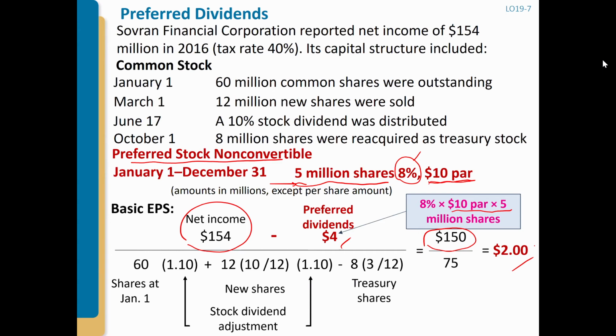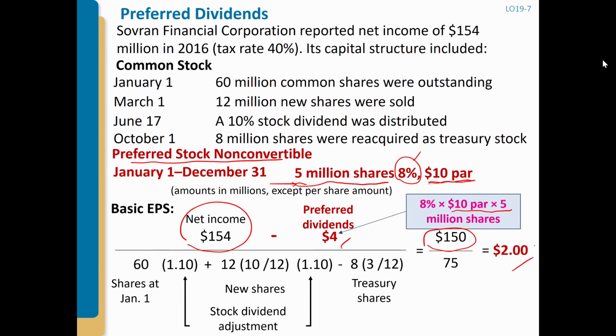You just need to calculate what the total dividends are. If the dividend is not 8% but, let's say, 4%, then you use 4% times that, and the dividend is going to decrease by half, for example 2 million now. Is this 4% given, or do we need to calculate it? It's given.